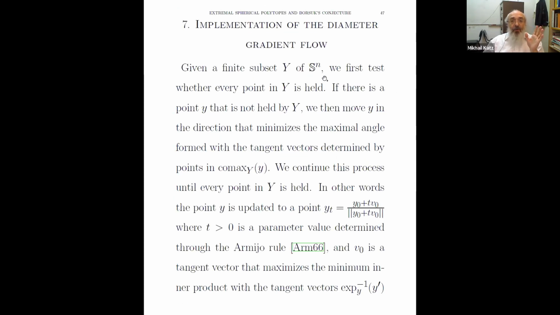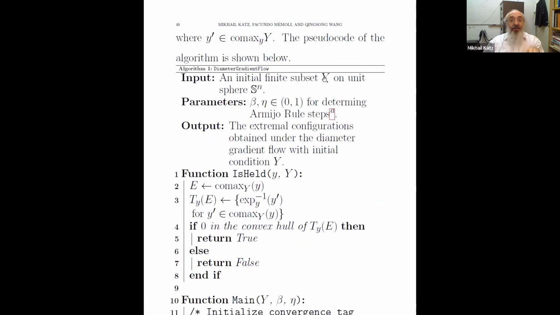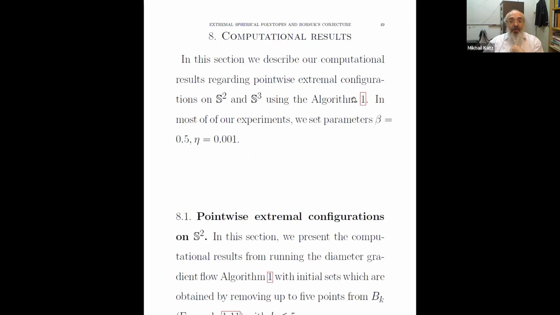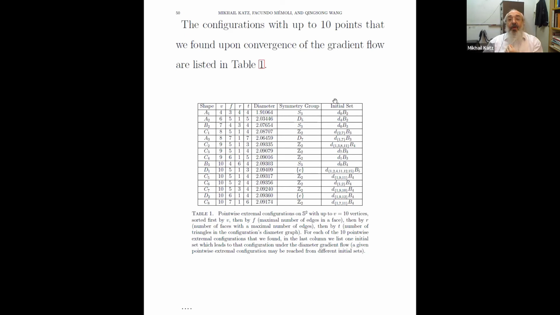Okay, so here we're talking about the implementation of the diameter gradient flow. As I mentioned, you start with a stack in higher dimension, or even on S2 also. You remove suitable points, and then you let it flow with the diameter. Here's a picture of some implementation of this program that we did. On the next picture, we constructed a bunch of examples.